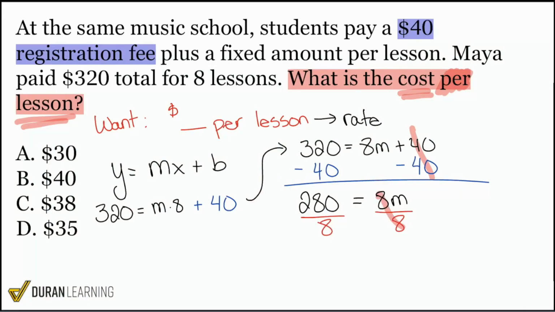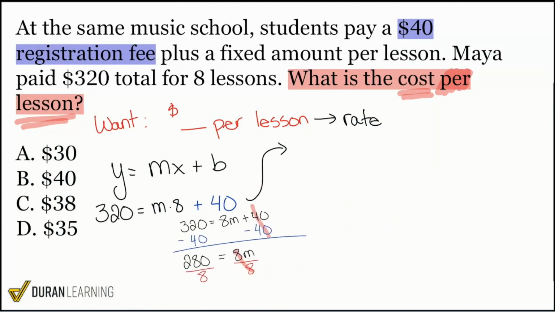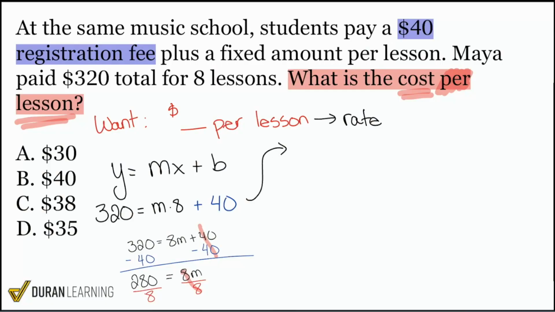The 8s cancel out. And now we'll do just a little bit of long division. So allow me to take the work that we've done, make it a little smaller, and move that right over there. So let's get our long division on. We have 8 going into 280. 8 going into 28 will be 3 times, because 8 can't go into 2, but it can go into 28 3 times. 3 times 8 is 24.